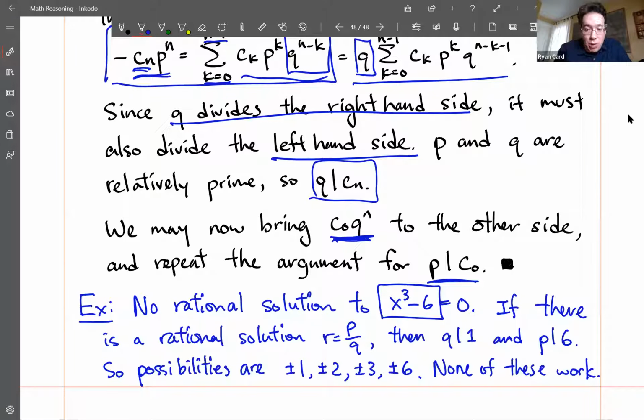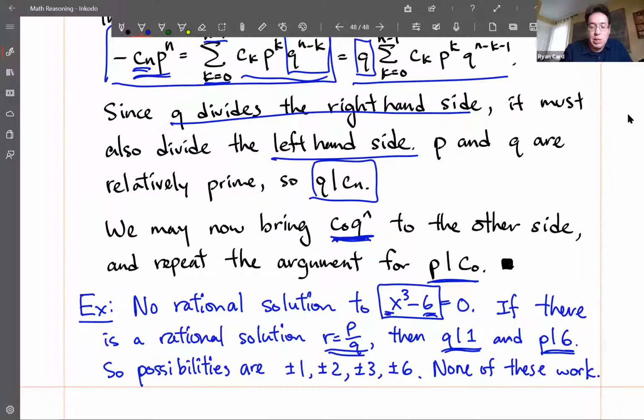Well, if we use the rational zeros theorem, if there happens to be a rational solution, the denominator has to divide the leading term, which in this case is just 1. So q has to divide 1, which means q is 1. And the numerator, p, has to divide 6. So there's a few possibilities there: p could be 1, 2, 3, or 6.